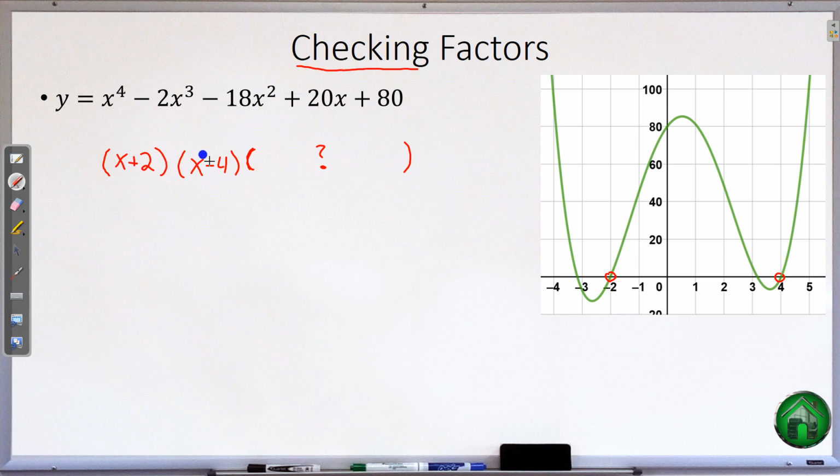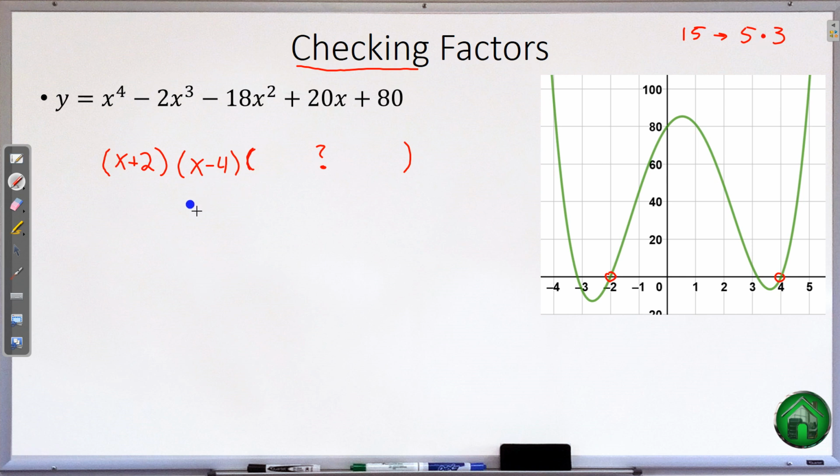Well, if they are factors, here's the key. That means we can divide by them. Okay? Let me use a number as an example. What are the factors of 15? 5 and 3. 5 times 3 is equal to 15, but also I can divide 15 by 5, and I can divide 15 by 3, and it works out.